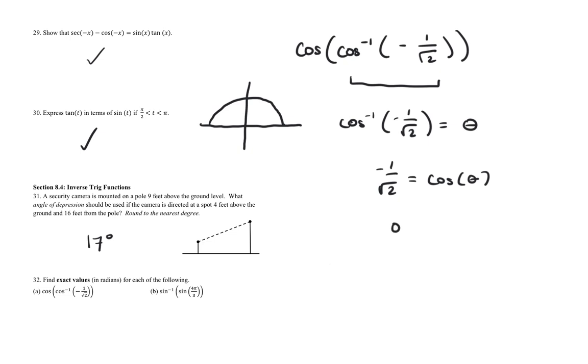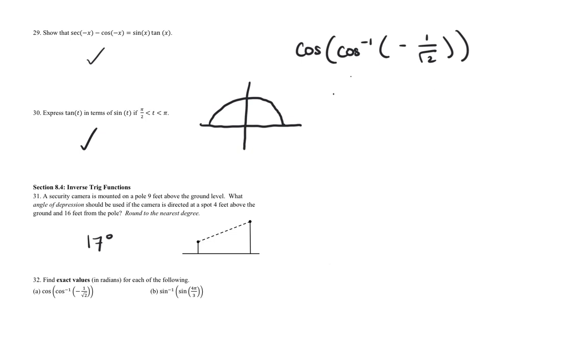So theta in this case is going to be 3 pi over 4. So I can write this as cosine, and now we know all of this is equal to 3 pi over 4. Okay, so what is cosine of 3 pi over 4? Well, that just gives me negative 1 over the square root of 2.